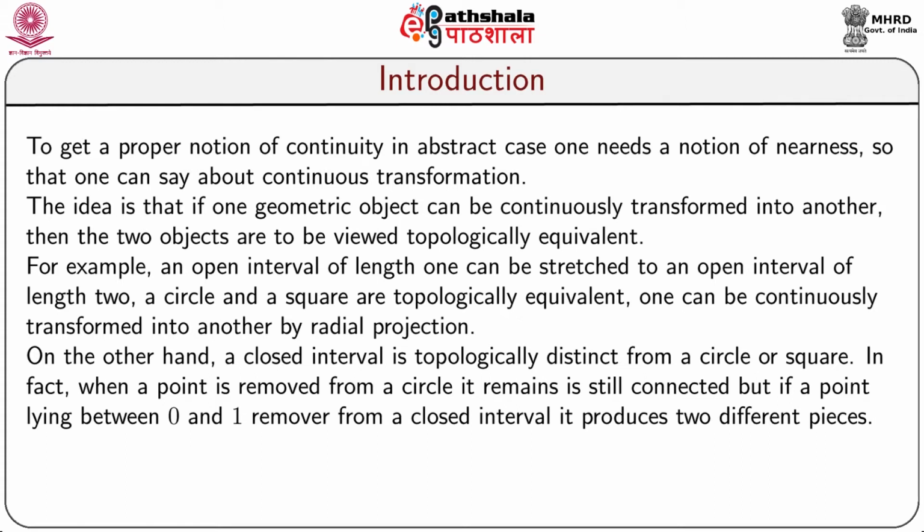So, these two open intervals are topologically equivalent. But if we consider an open interval and a circle, these two will not be topologically equivalent. Why? Intuitively, if we take a point out of the open interval, it leaves two components, but if we take a point out of the circle, it leaves only one component.